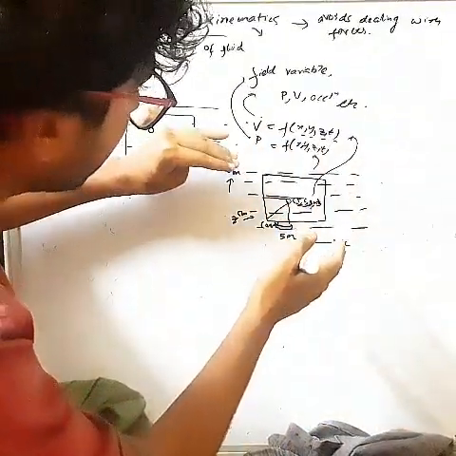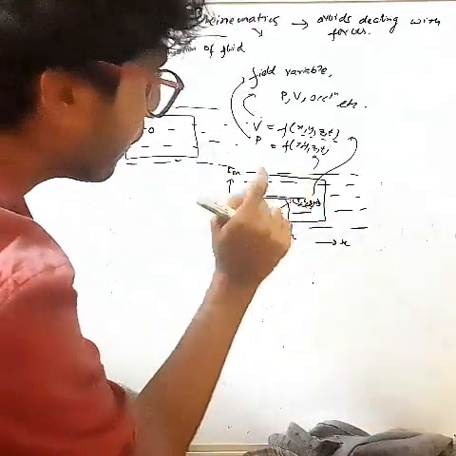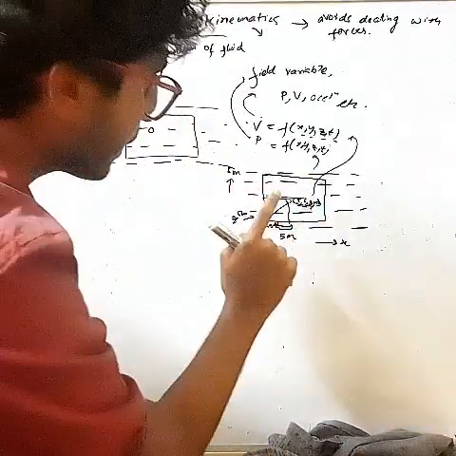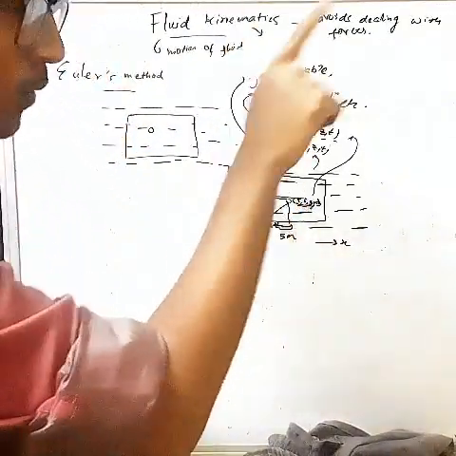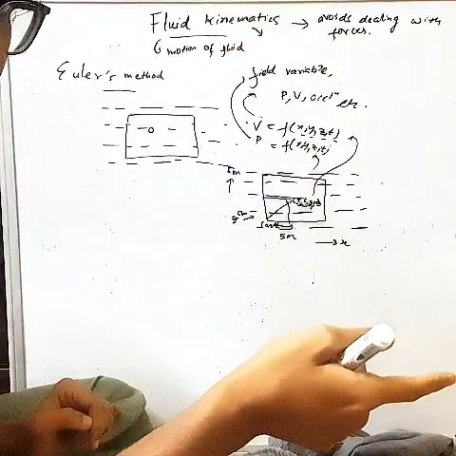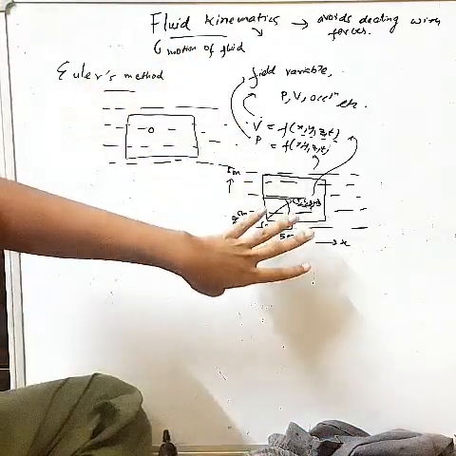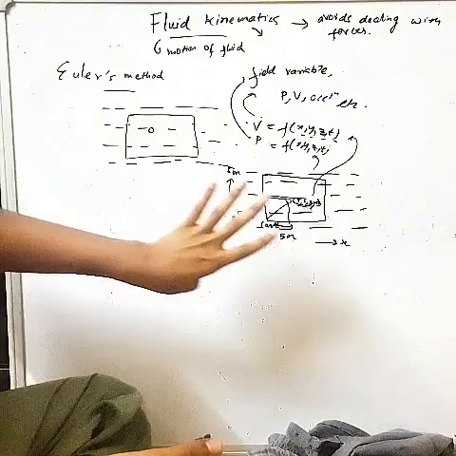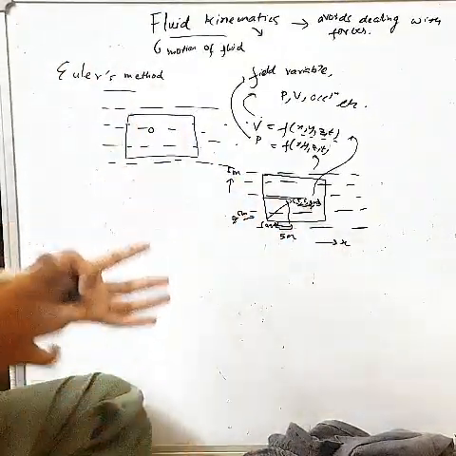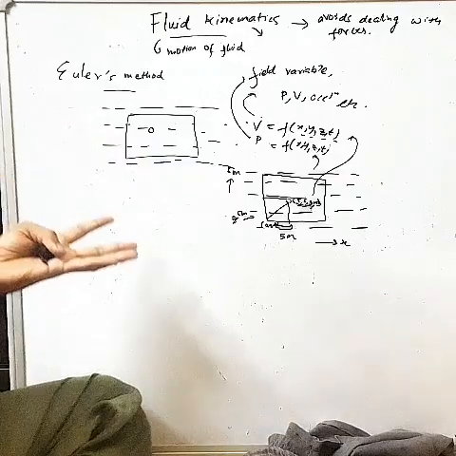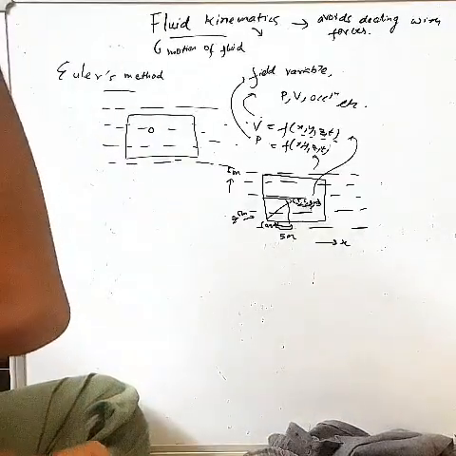Every particle which comes to this coordinate 5, 5, 5 has the velocity root of 5 squared plus 5 squared plus 5 squared. That's the thing. This is the Euler method, and the advanced equations and the numericals are solved like this, and the equations are also based on this.